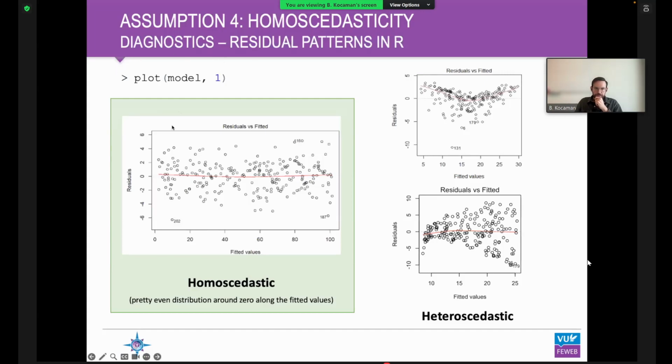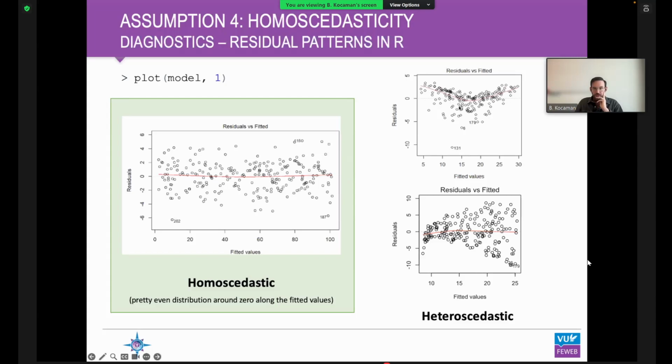So here, this is how you get this diagnostic plot for homoscedasticity as the assumption. You can use the first plot, which is the residuals versus fitted plot. And if you see this even distribution around zero, so this random cloud of points, then you can say that this is homoscedastic, because as we move along with increasing fitted values, we see the same variance of residuals.